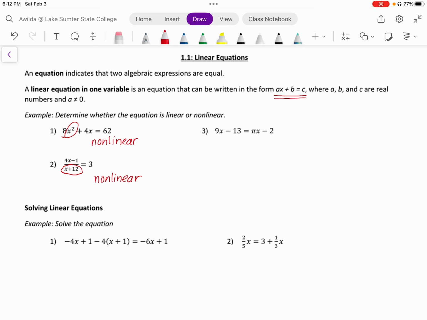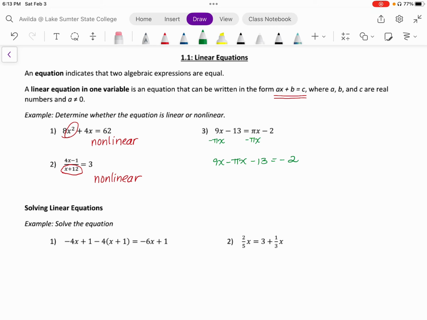For example 3, we have 9x minus 13 is equal to pi times x minus 2. At first glance, this may not appear to be linear. However, without introducing any violations or restrictions, we can do the following. We can subtract pi times x from both sides. And so on the left, we have 9x minus pi times x minus 13 is equal to negative 2.